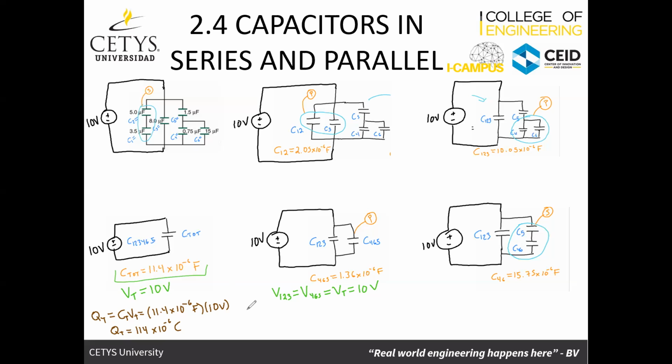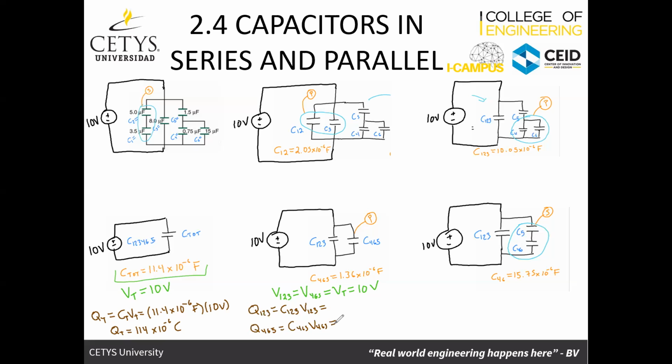Going back here, I'm going to write it more to this side. Q1,2,3 is equal to capacitance 1,2,3 multiplied by voltage 1,2,3. And charge 465 is equal to capacitance 465 multiplied by voltage 465.